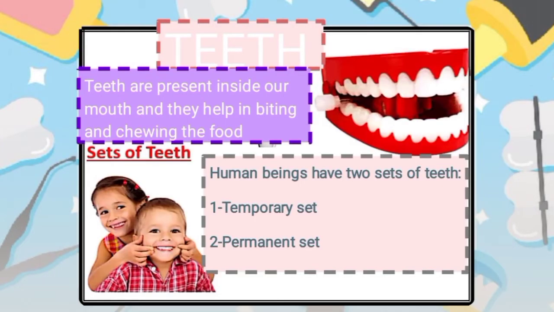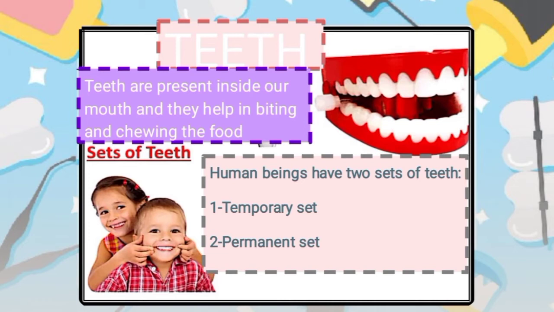Teeth are present inside our mouth and they help in biting and chewing the food. Unlike python, humans cannot swallow food in one big gulp. Food must be broken down into smaller pieces before it can be swallowed.